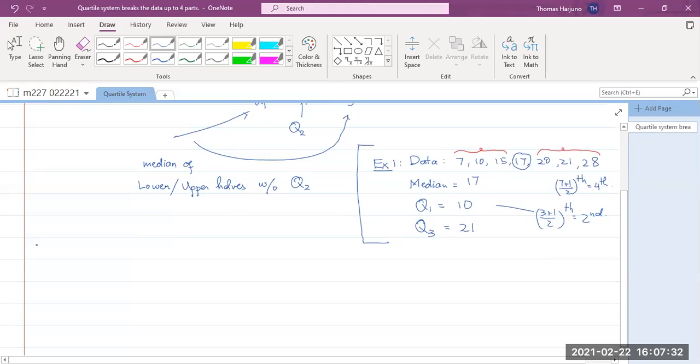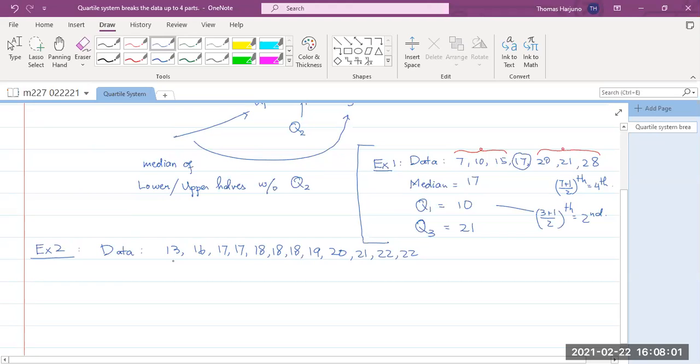Now let's do one more example, example 2. This time you do it. Let's say the data set are maybe 13, 16, 17, 17, 18, 18, 18, 19, 20, 21, 22, 22.